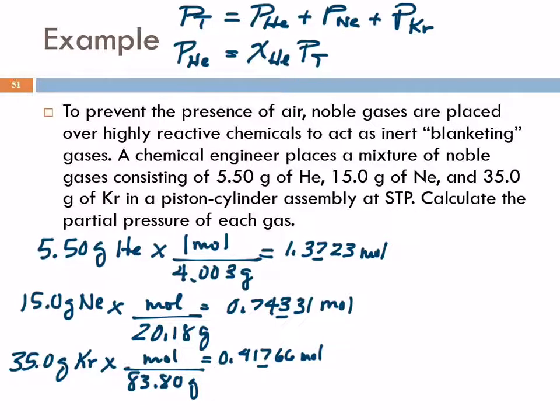We need mole fraction. The mole fraction is the moles of the gas you're interested in divided by the total number of moles. So we need to find out what the total number of moles is. We need to add these all up.